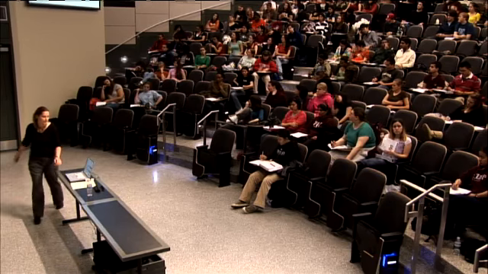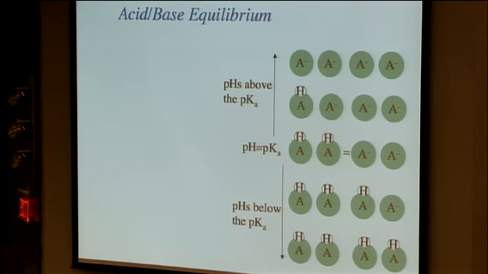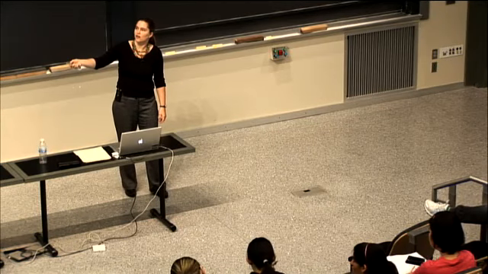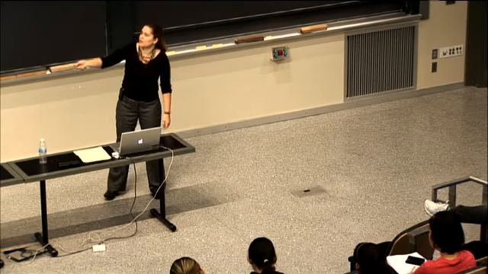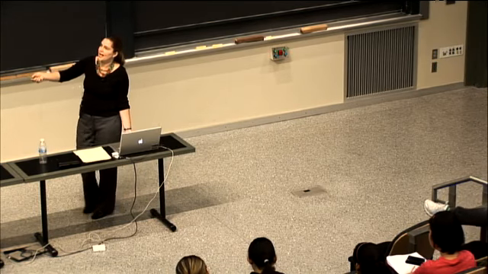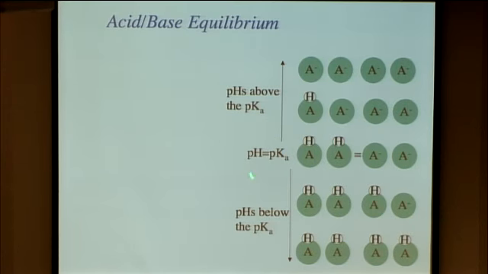So let's look at the figure now that's in today's handout and think about this. When the pH equals the pKa, you will have an equal number of moles of something protonated as deprotonated. If you're at pHs above the pKa, you'll be more deprotonated. At pHs below the pKa, you'll be more protonated.